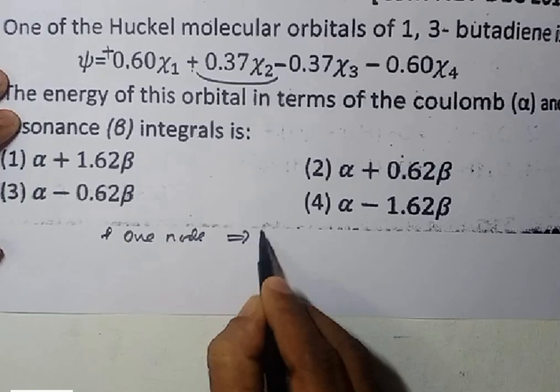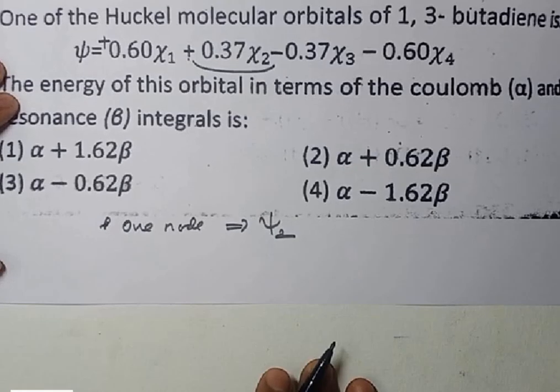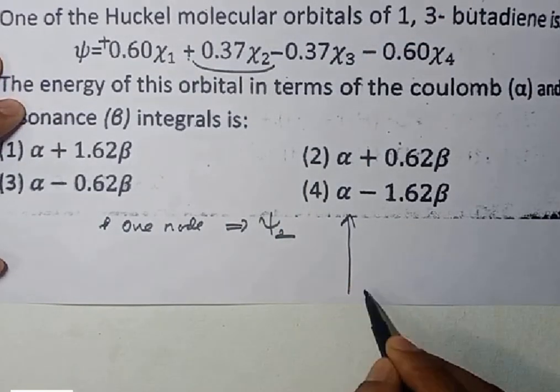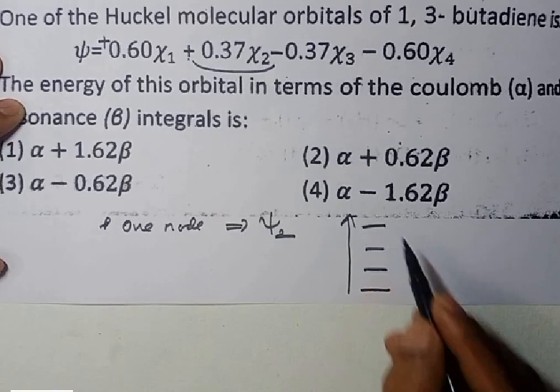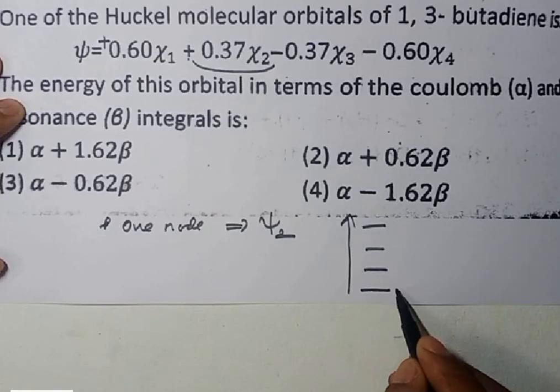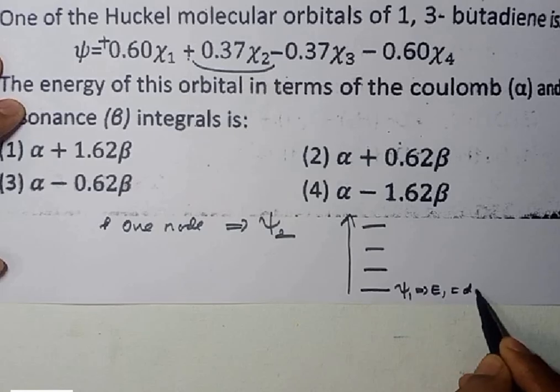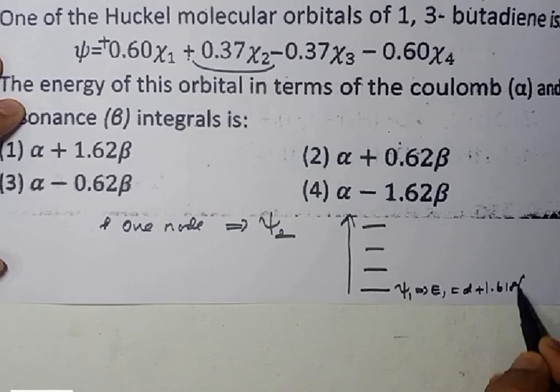One node means the wave function is supposed to be psi 2. For 1,3-butadiene, the energy of the lowest molecular orbital, psi 1, is alpha plus 1.618 beta, as you know very well.